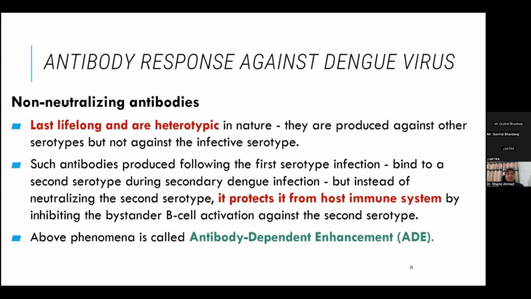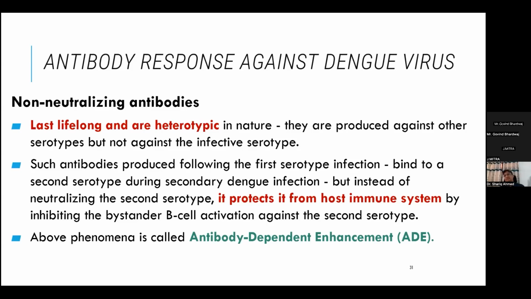Then this is the menace, the non-neutralizing antibodies. Suppose we get infected by the DEN1 serotype, and neutralizing antibodies are developed against that DEN1 serotype. It will protect us against the primary dengue infection, and we will remain immune to the DEN1 serotype lifelong.